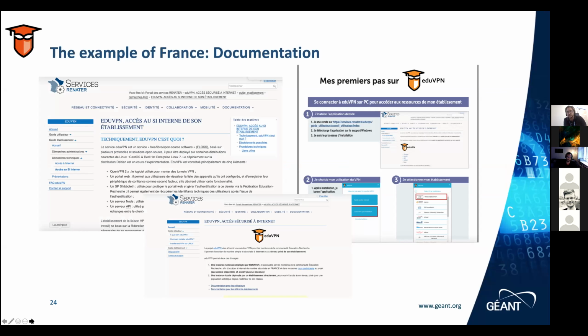But as an NREN, normally we don't provide such documentation, because for an institute access, for example, the institution will deploy eduVPN by themselves. So the communication is at their level. But we decided to provide some documentation for end users that they can reuse, adapt for their own users.